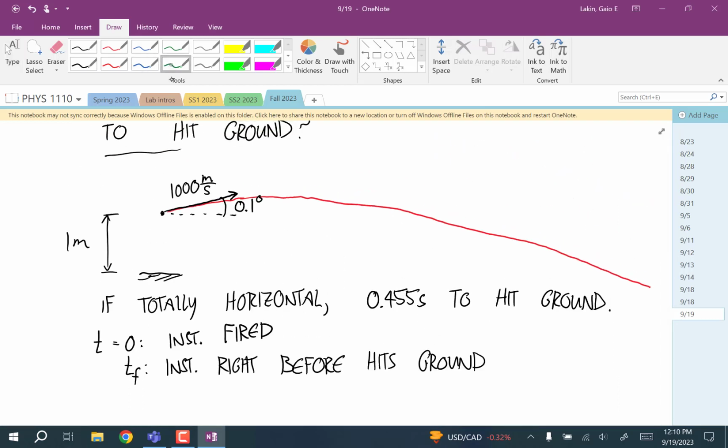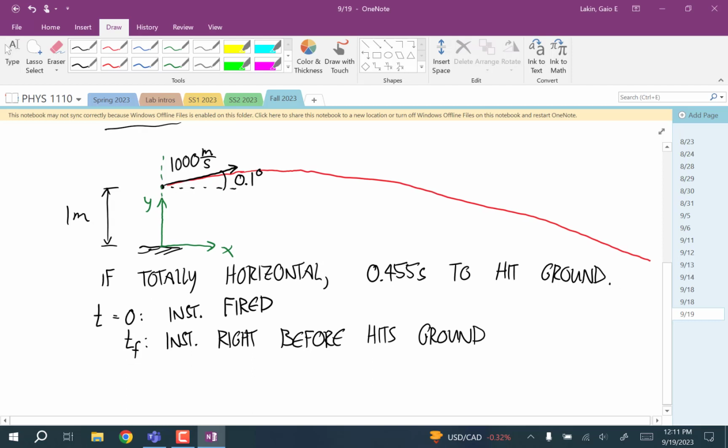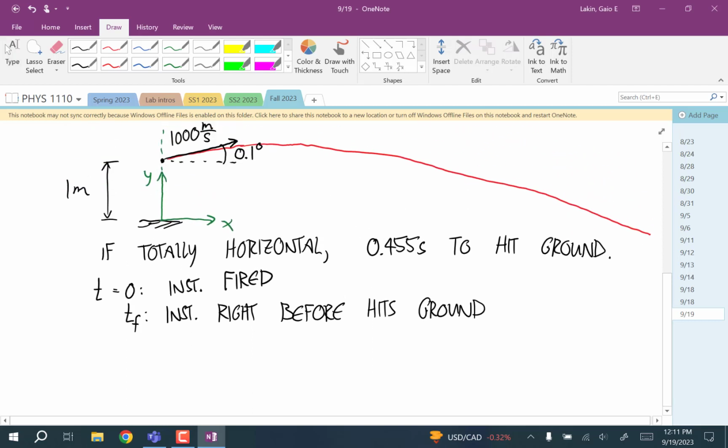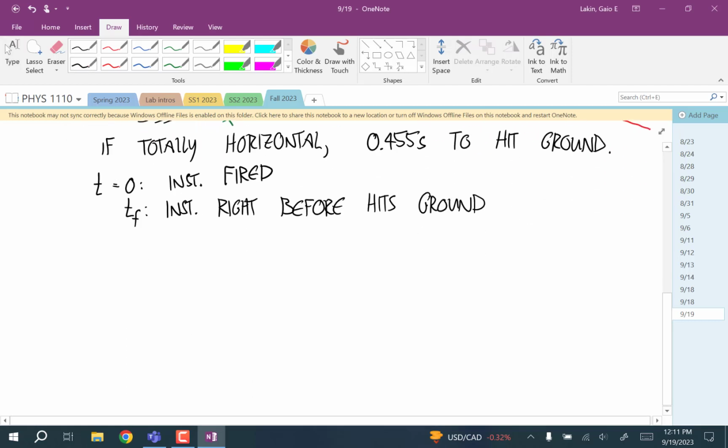And then we have to choose a coordinate system, a location, and an orientation. I'm going to do what I always do, just put it on the ground, underneath where the object is at time equals 0. And now we can figure out what variables we know and what we're trying to calculate.